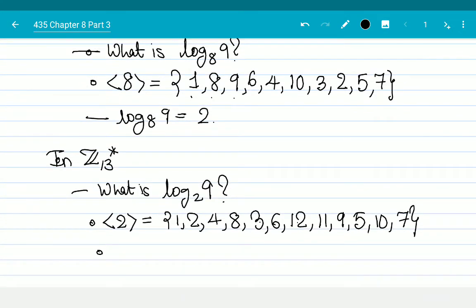And so, log to the base 2 of 9 in Z13 is actually 8. So it depends on the group.